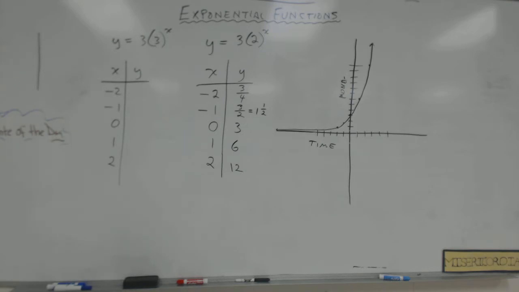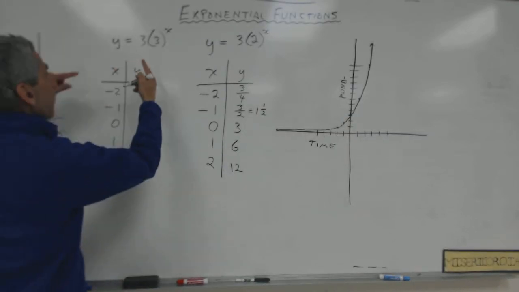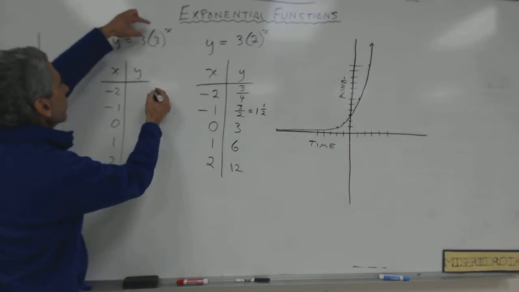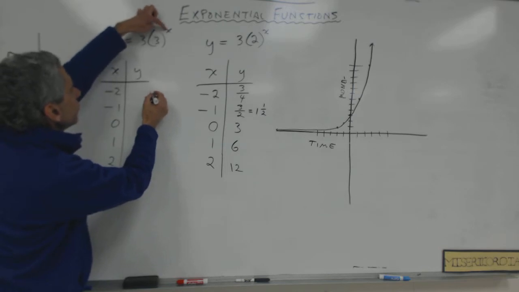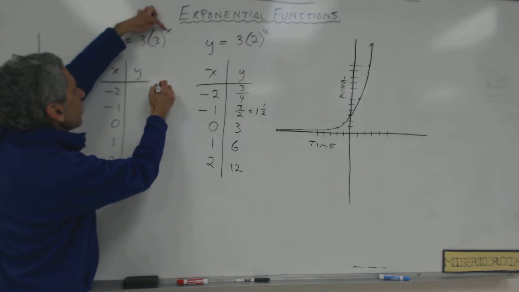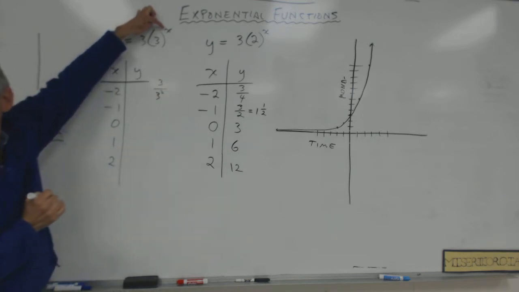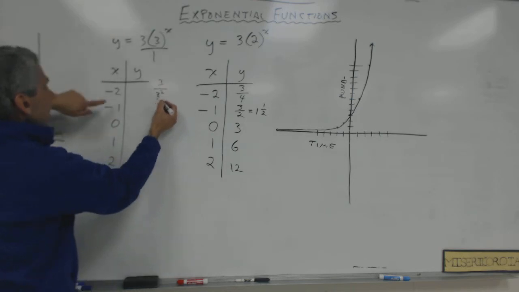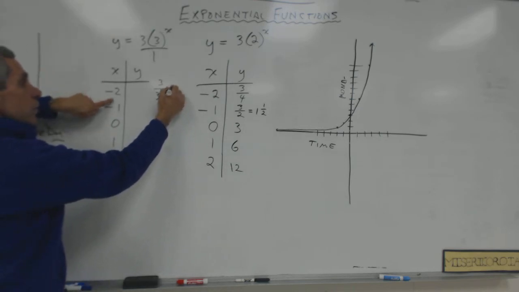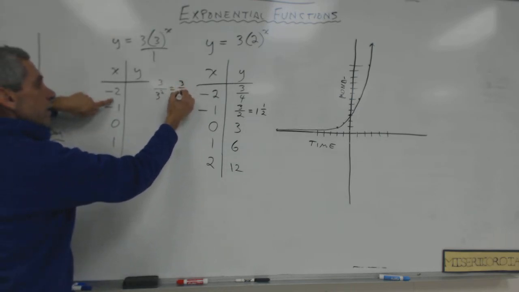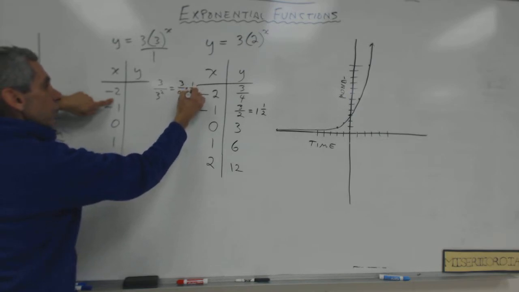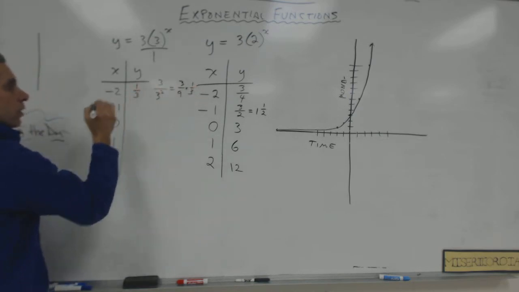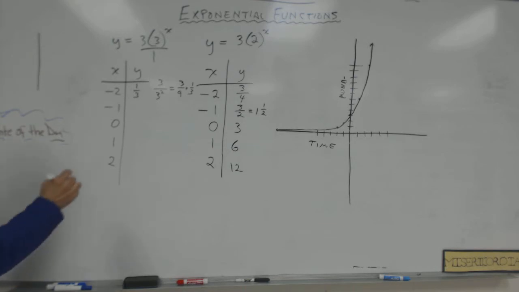All right, so we have 3 to the -2. That'll be 1 underneath 3 squared, and so it's 1/9. You see what I did? I basically brought that down and made it positive. Interesting.